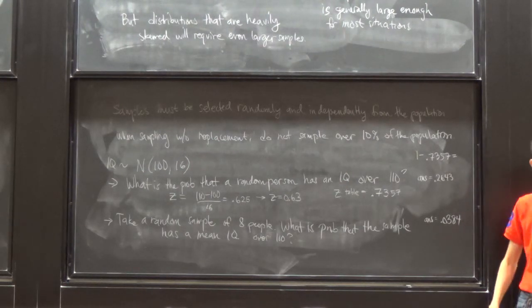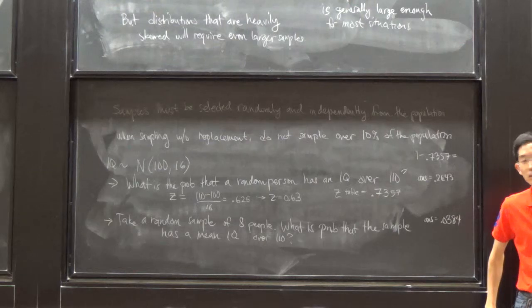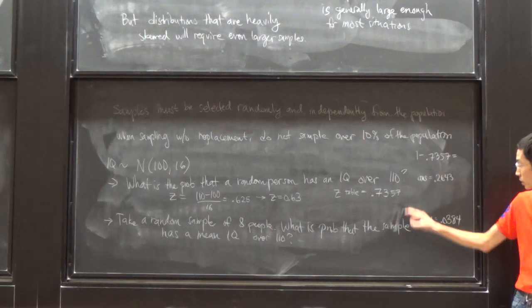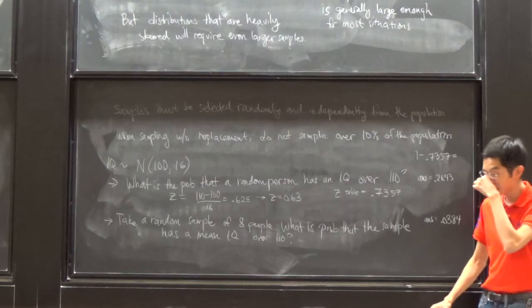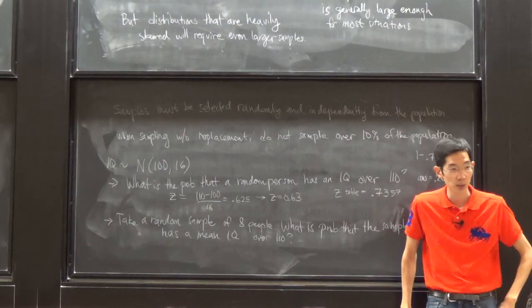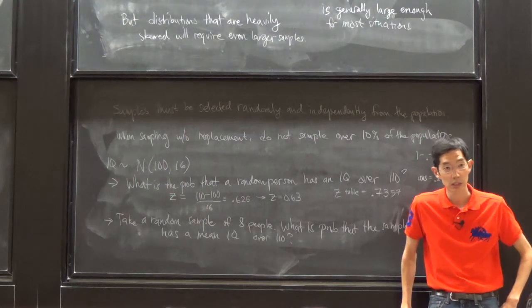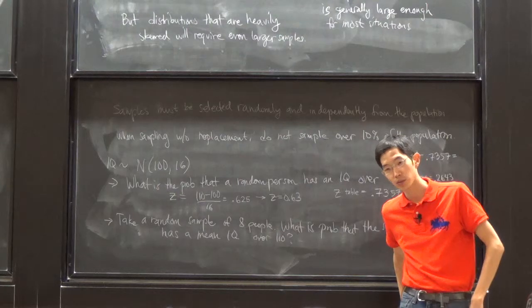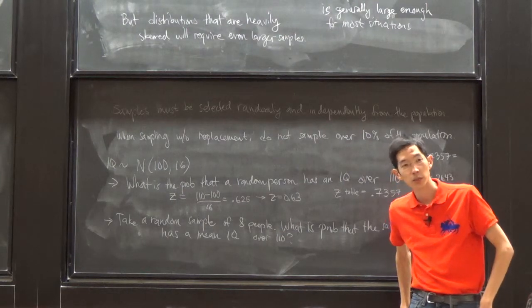Yes? When you say that it has to be over 110, do we just go 111? Yeah, so in this case, because we're dealing with the normal distribution and it's continuous, we're just going to look at 110. Okay? You would only look at 111 or something if you're dealing with a discrete random variable.